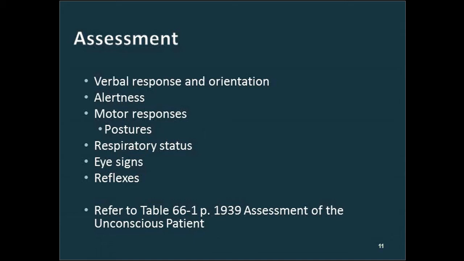But in these patients with altered LOC, if we touch the cornea with a little wisp of cotton, because we don't want to scratch their eyeball, they should blink if their brainstem is intact. But if it is not irritating to them, if they don't blink in any way, then they have severe brainstem damage.